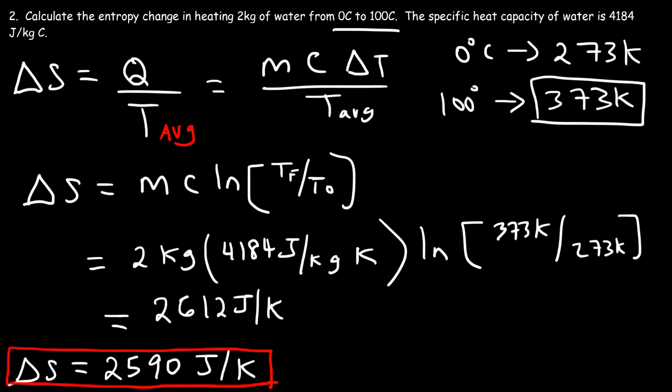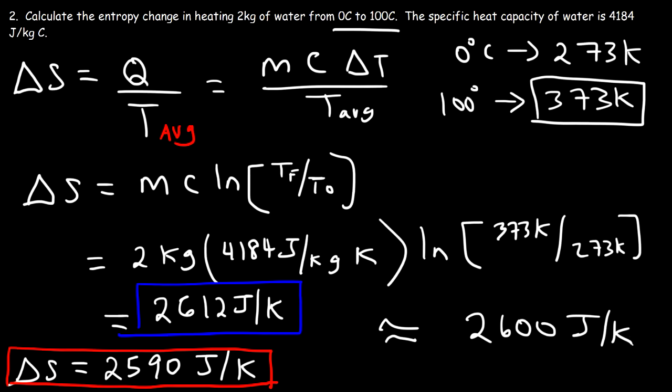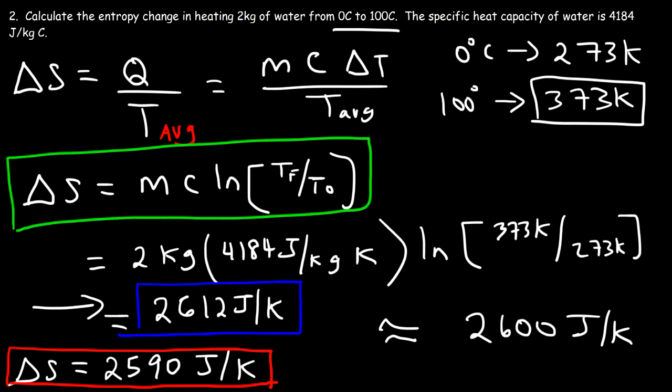So we could say that the entropy change for this reaction is approximately 2600 joules per Kelvin. So that's a nice rounded value. But this answer is more precise. So this is another way in which you can calculate the entropy change when heating up a substance.